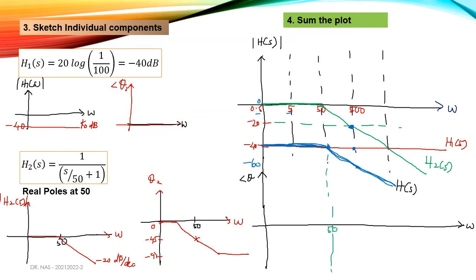So at 50 it is negative 45, and extend to the earlier and next decade. So negative 90, and extend to the earlier decade. So you'll get the green one. And this is your phase plot for the given transfer function.